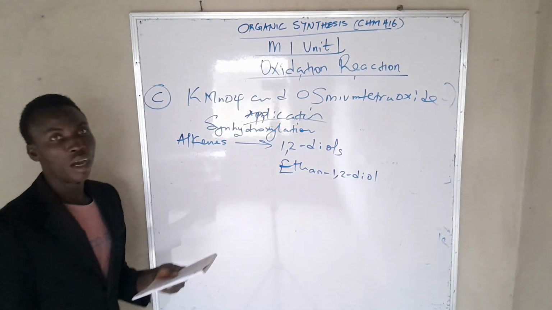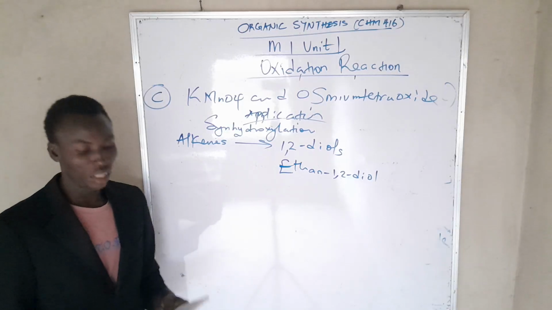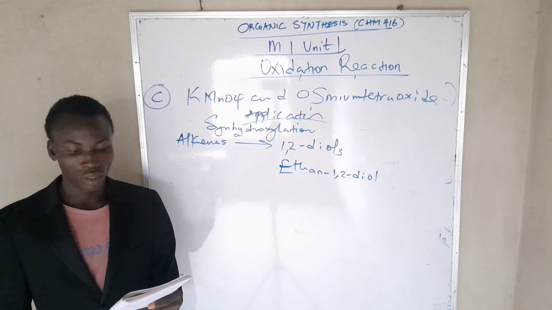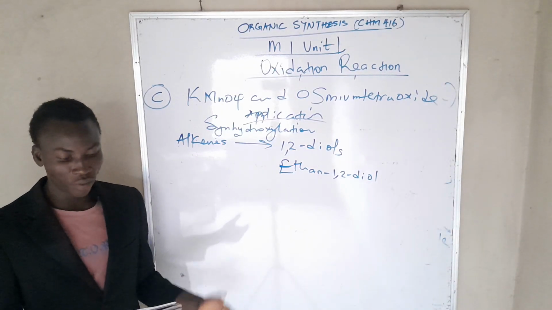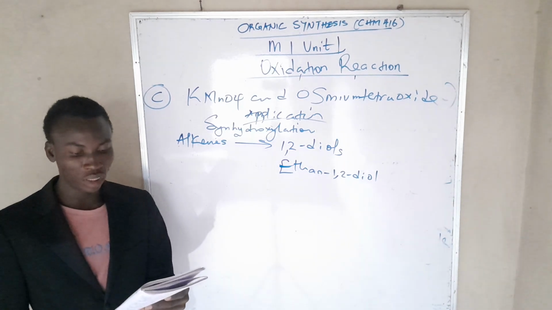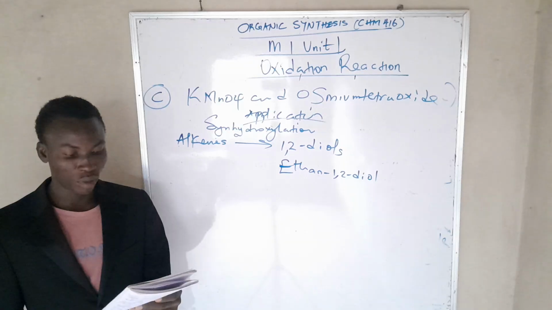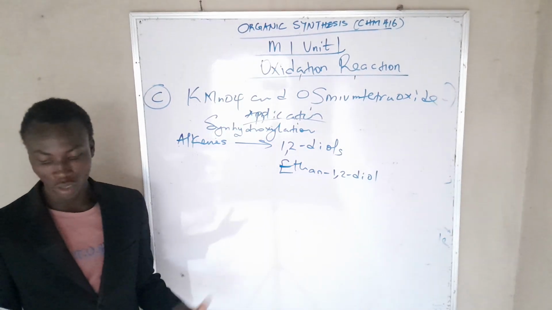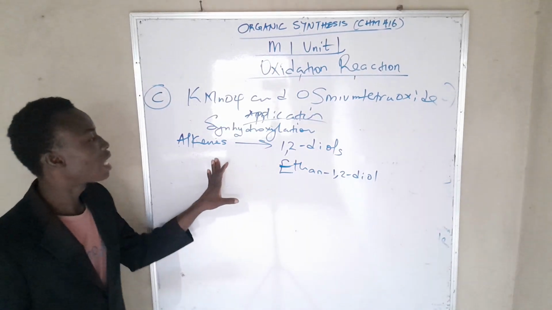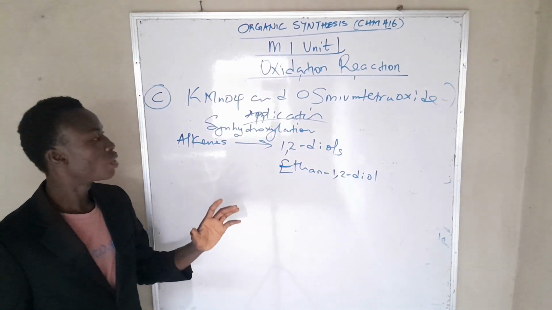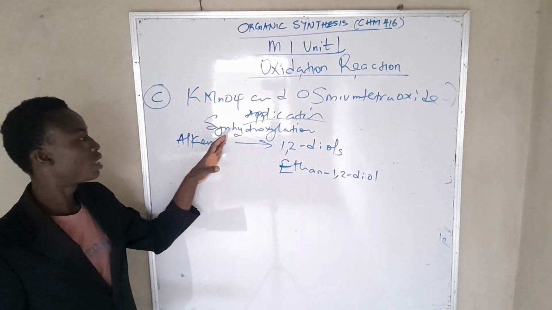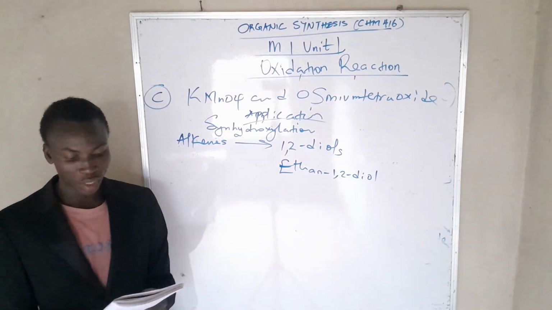That is the exact process of such a reaction, which you can also call the syn addition of two OH groups, because they involve the formation of an intermediate cyclic inorganic ester that is decomposed to yield the diol. So this is the process of converting alkenes to 1,2-diols, such as ethane-1,2-diol, also called glycol. The process is called syn-hydroxylation. Take note of that.